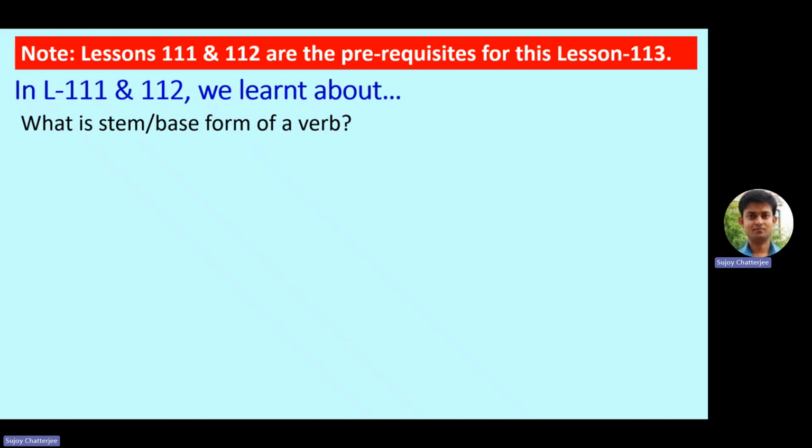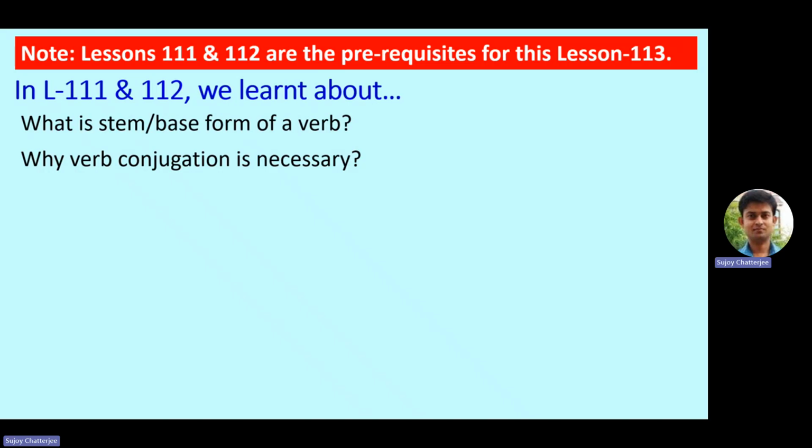These are the formal forms of the verbs. For example, tabemasu, nomimasen, ikimashita, ikimasendeshita. But the stem form or the plain form of these verbs we started learning from lesson number 111.